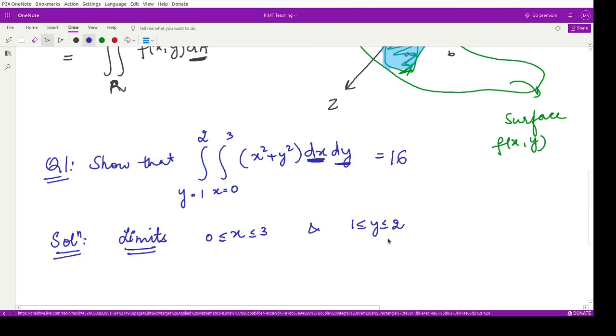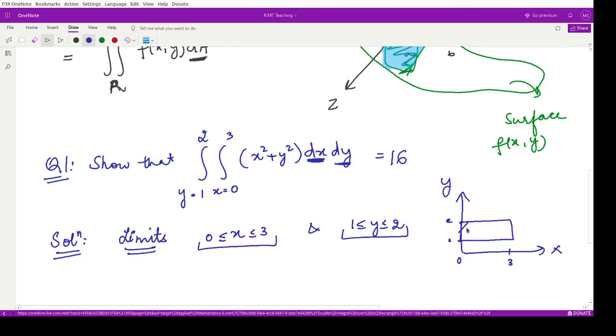So basically, if you look at this, what is this? This is a rectangle, right? If this is x-axis, this is y-axis, and this is 0, and say this is 3, and this is 1, and this is 2. So basically your region is not this, your region is this one. So this is a rectangle. So over a rectangular region, it is very easy to calculate this double integration.